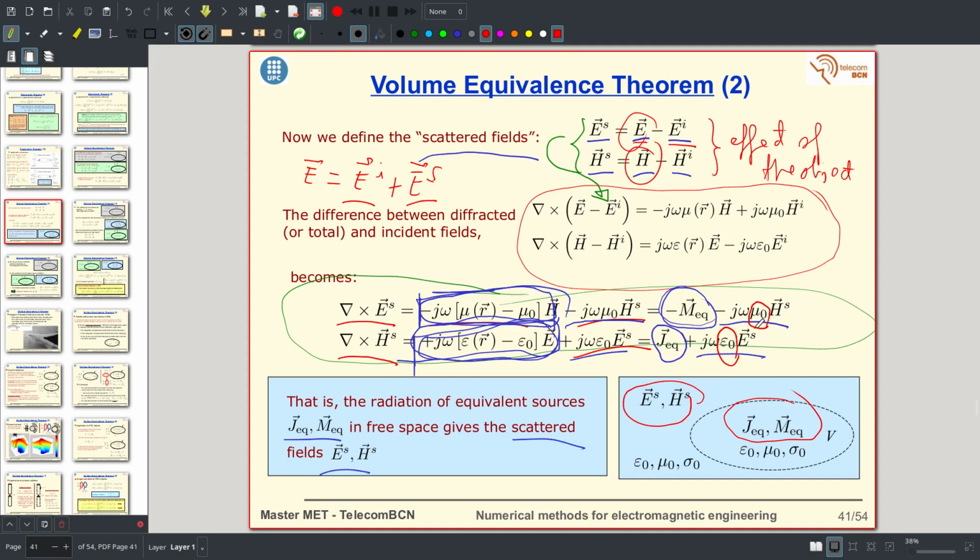So, in the new problem, we have the equivalent currents producing the scatter fields, but very important, in free space. And remember that we know how to compute fields in free space as the convolution of the Green's function with the current, okay?